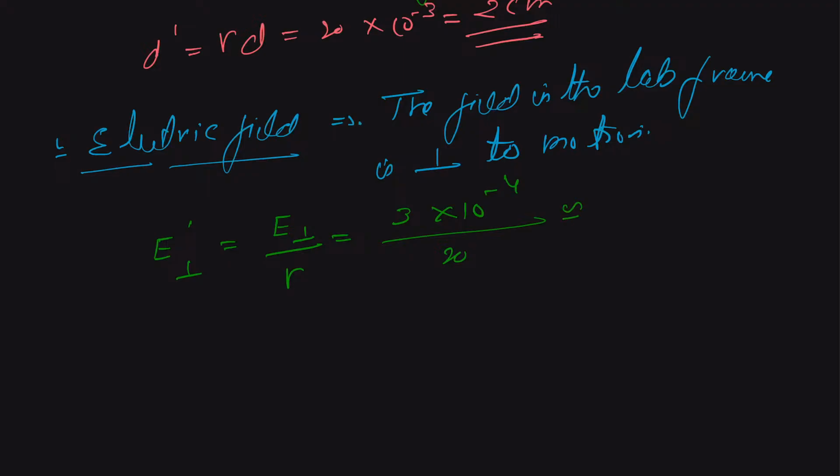So this comes approximately as 1.5 into 10 to the power minus 5 volts per meter. So we can see how the dimension or electric field changes when there is a shift in the frame. And that is our expansion as well as our contraction.